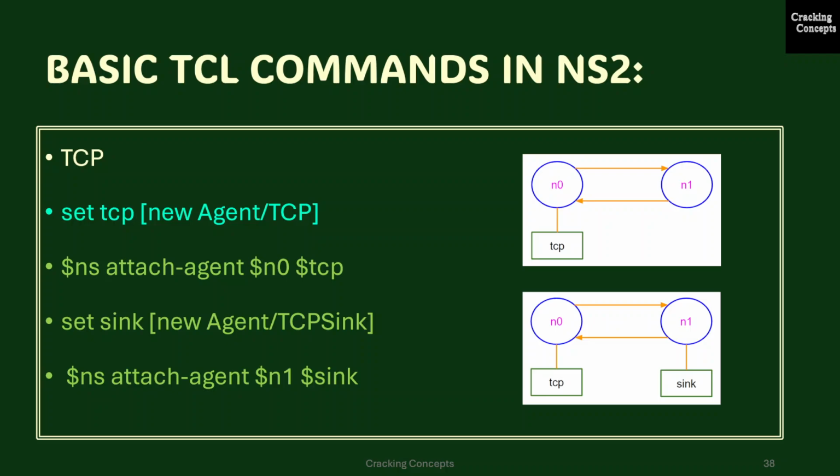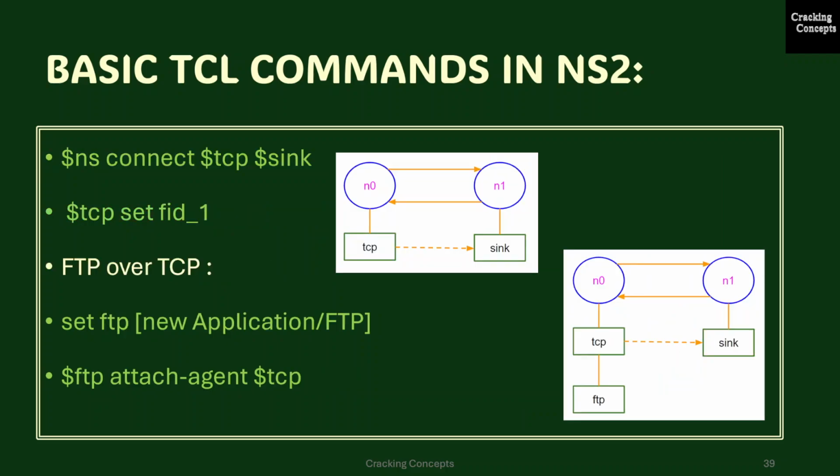N0 is defined as the TCP source and N1 is defined as the sink. The next command, $ns connect $tcp $sink, makes the TCP connection between the source and the destination, that is N0 and N1, that is shown here.